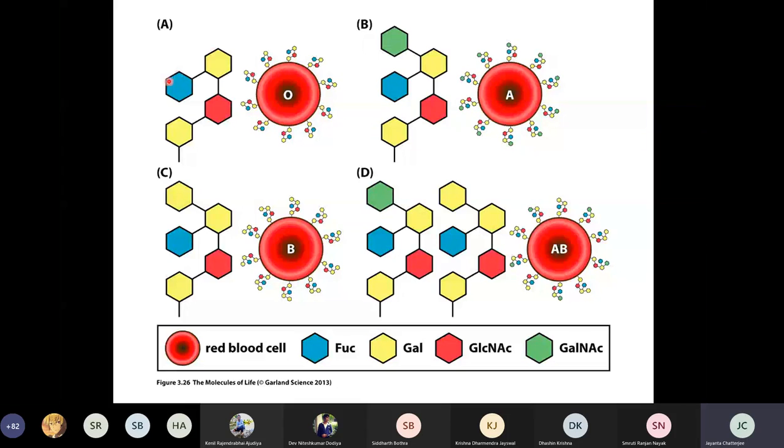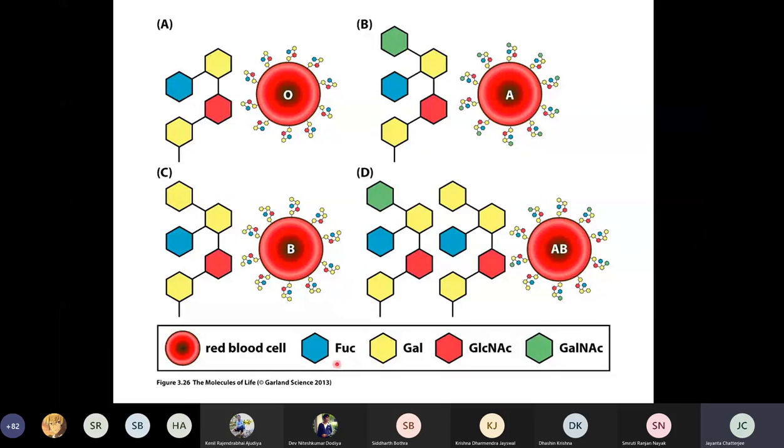But if this core unit is further modified, for example by the addition of another N-acetylgalactosamine, then there are specific antibodies that recognize it, meaning that your immune system will know that this is myself.